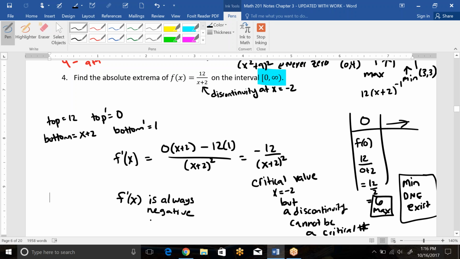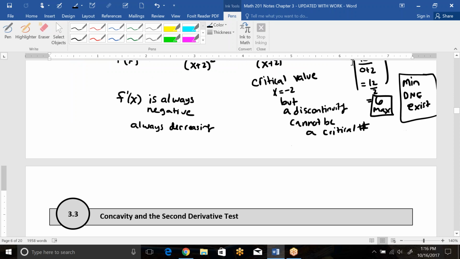So if your f prime of x is always negative, it's always decreasing. So as we move farther to the right, the y values are going to get smaller. They'll never actually get to a smallest point because it's just going smaller forever towards infinity, but that's why the minimum doesn't exist. But the max is then the starting point of this graph. So that is the end of section 3.2 video.